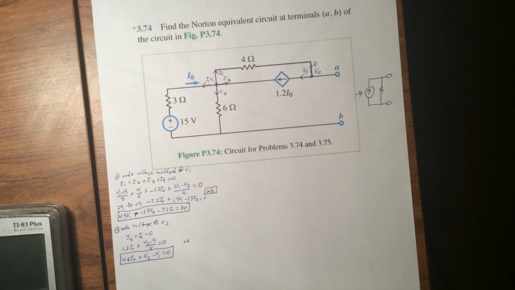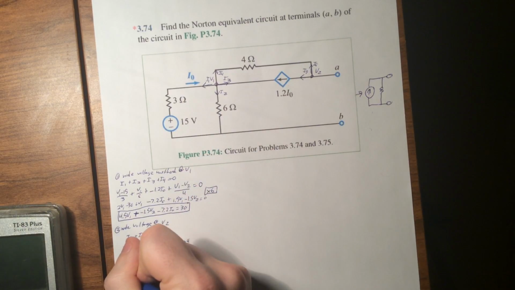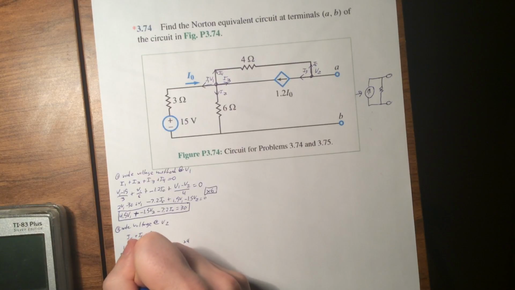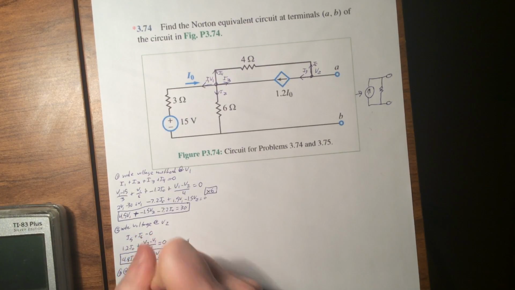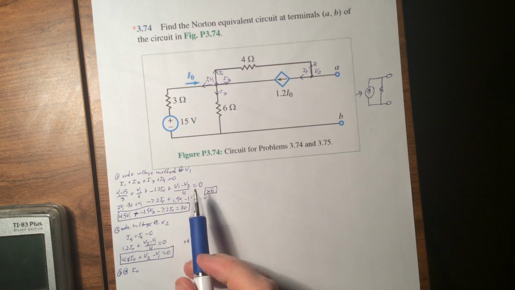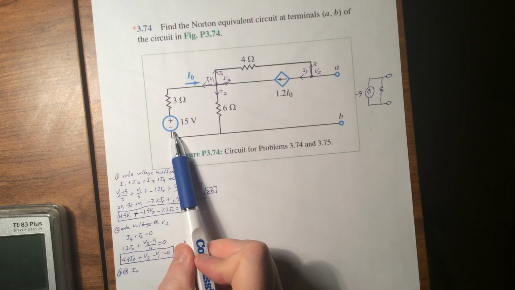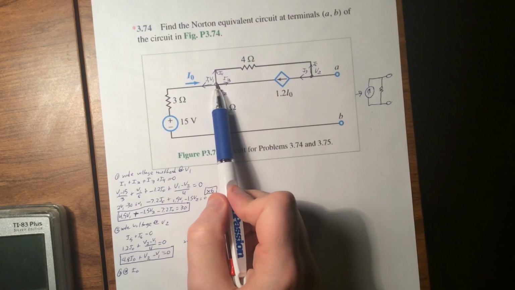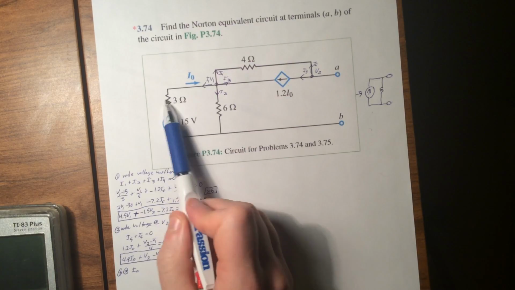And now we have 3 equations and 3 unknowns. We need our last equation, and we can get that from I0. What is I0 equal to? We've got our V1, we've got a 15 before ground, and we've got a 3.